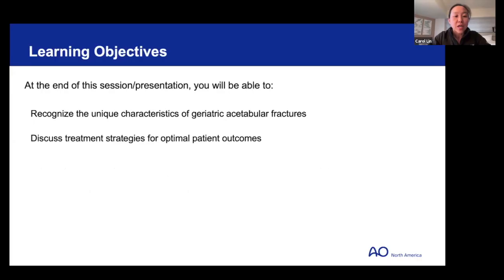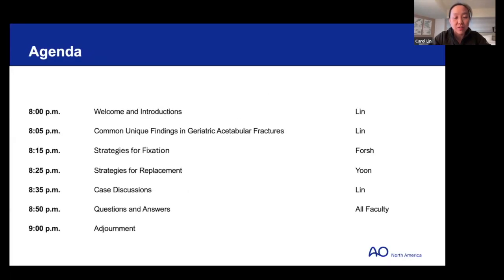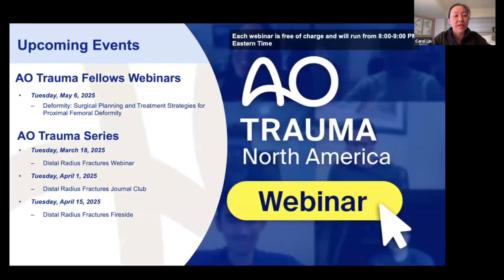And so we hope that you will be able to recognize the unique characteristics of geriatric acetabular fractures after this webinar and discuss the treatment strategies for optimal outcomes. This is a brief overview of our agenda. And again, this is going to be very case-based, and then hopefully we'll have some time for lively discussion and addressing questions at the end.